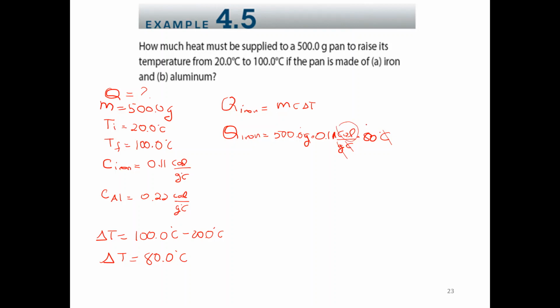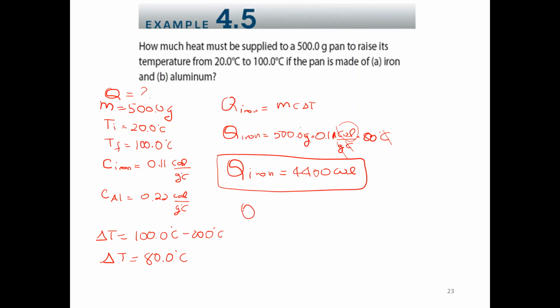Multiplying this together, 500 times 0.11 times 80 degrees Celsius equals 4,400 calories if it's made of iron.